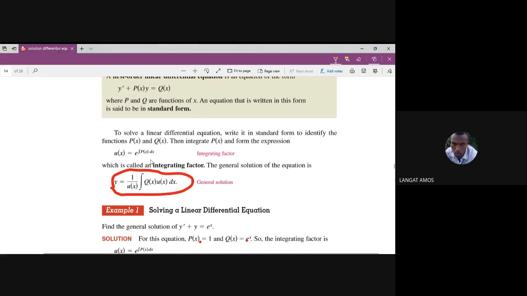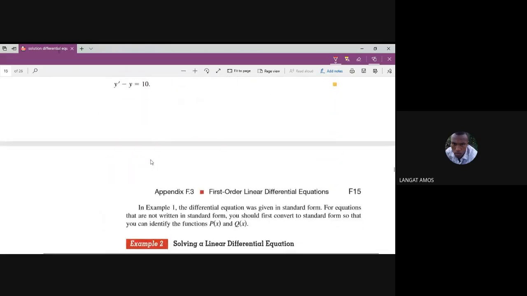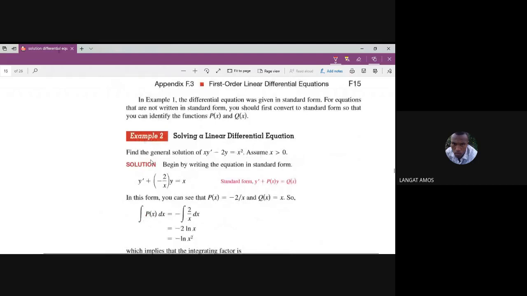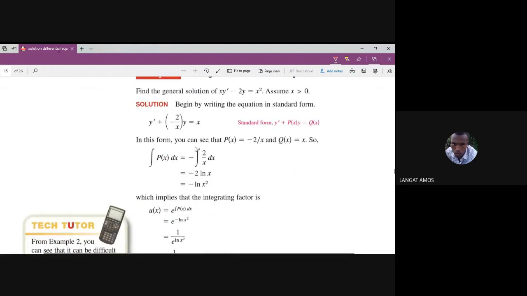That is, you find the integrating factor by integrating p(x) dx.